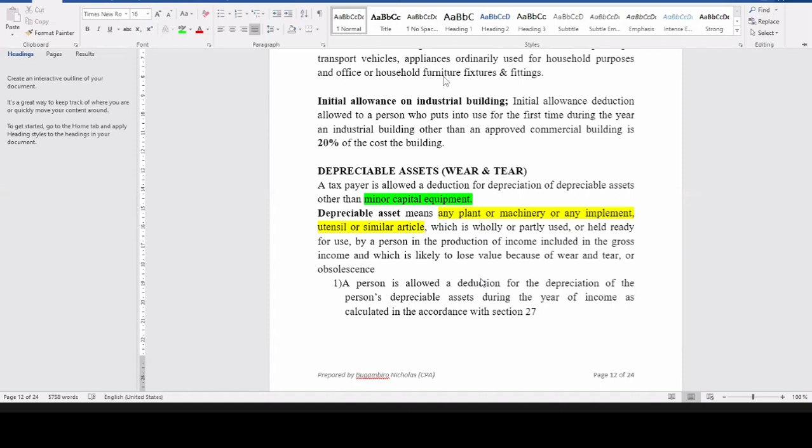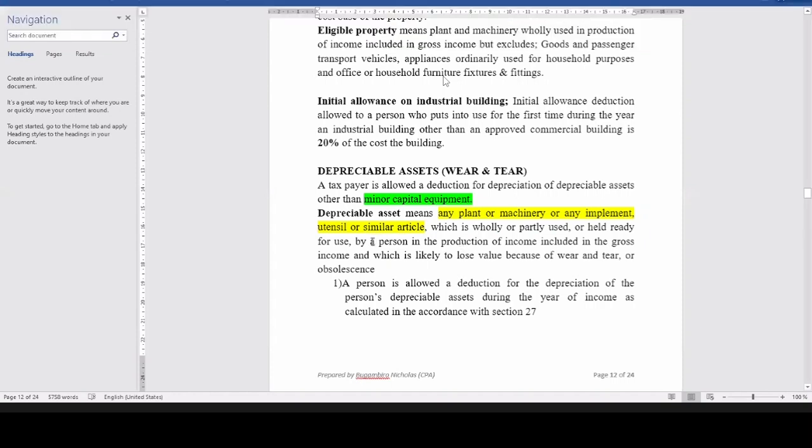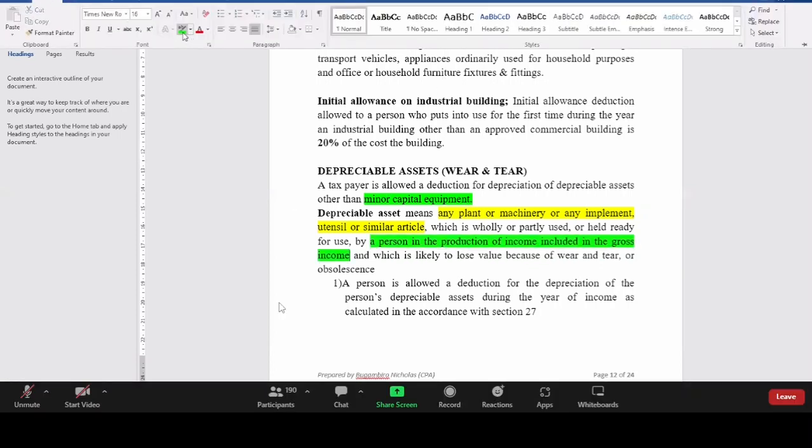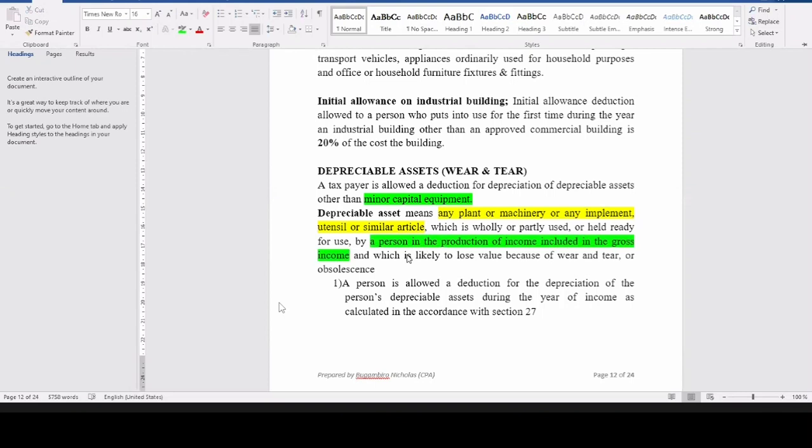And they are saying it is wholly or partially held for use, already for use in production of income, including the gross income of the person. So the person should have used it to produce incomes, including the gross income. And that asset is likely to lose value as a result of wear and tear.